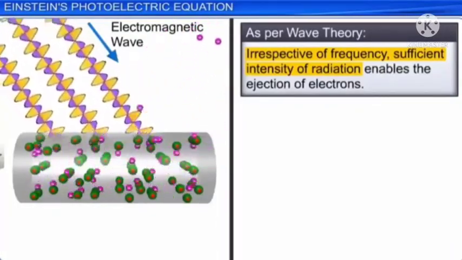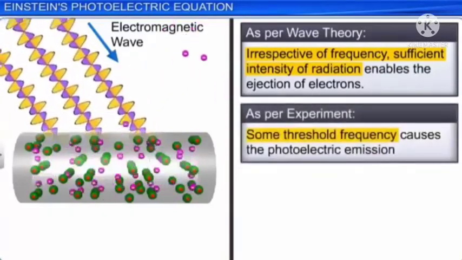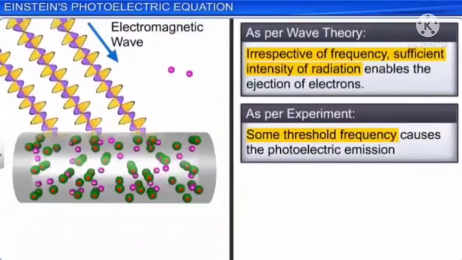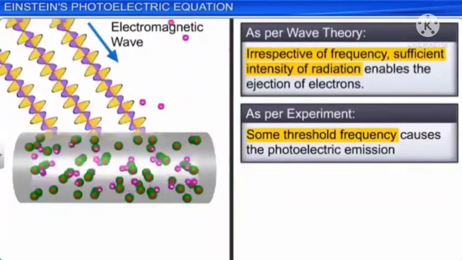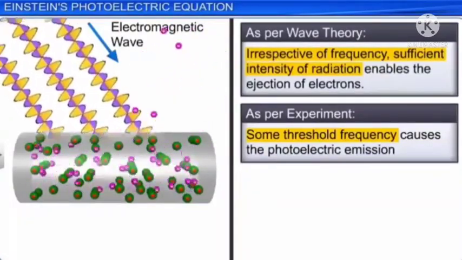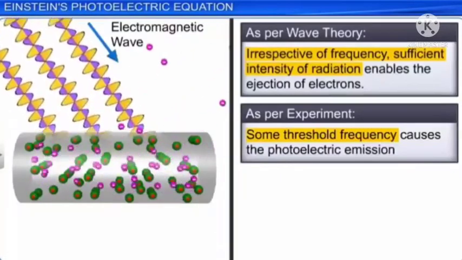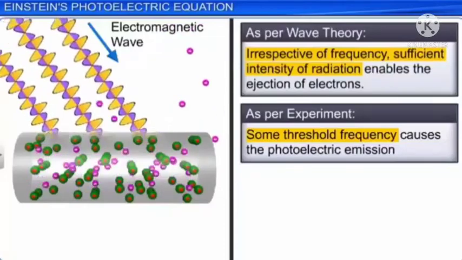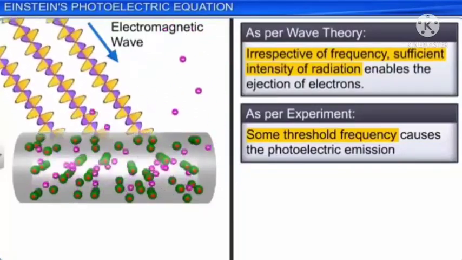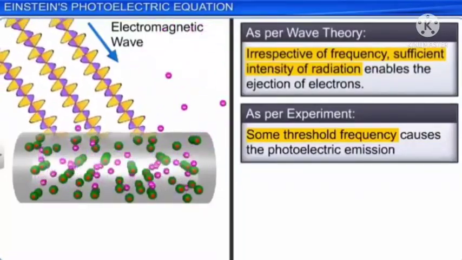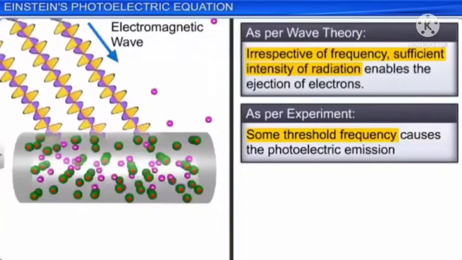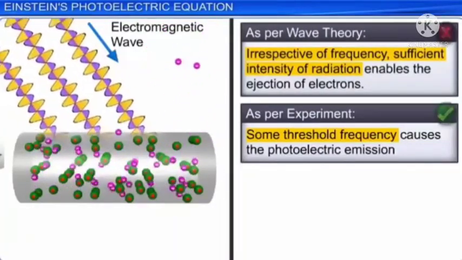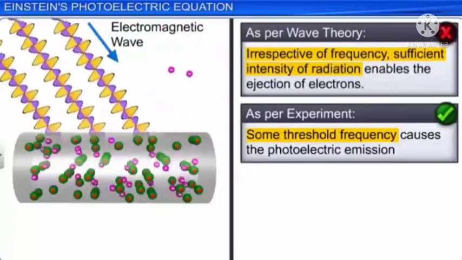But photoelectric effect experiments show that for every metal surface, there exists a certain minimum frequency of radiation called the threshold frequency, ν0, required to just eject the electrons from the metal surface irrespective of the intensity of the radiation. This again contradicts the wave theory.